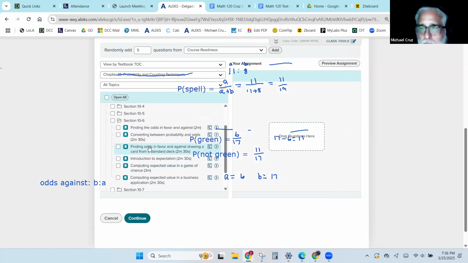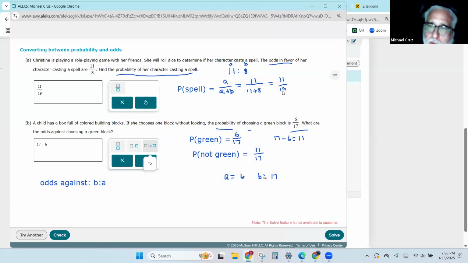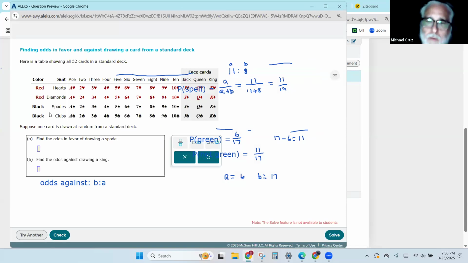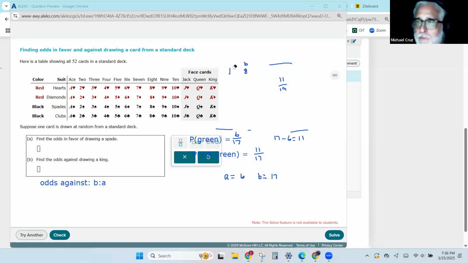All right. I'm gonna look at this one and see if I want to go. If I get time, I may come back to this one. All right, we'll do this one because the cards is nice and visual, and I like these examples when we can actually see them.